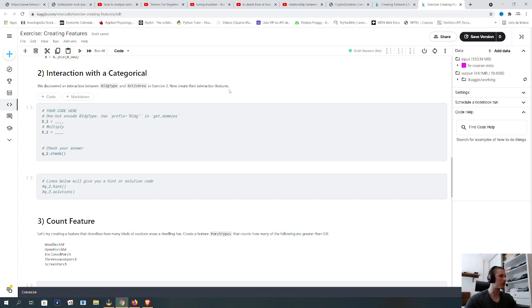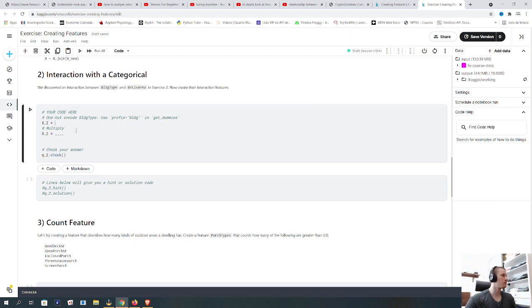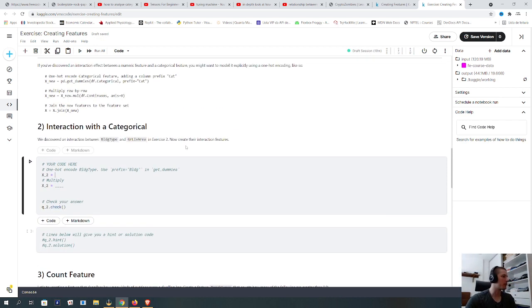Now create their interaction features. I'm definitely not going to remember any of this, at least at first.